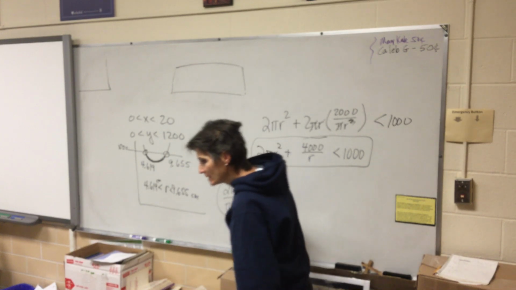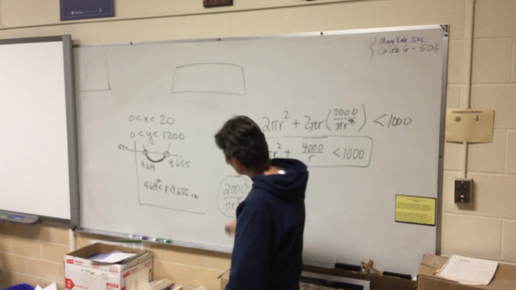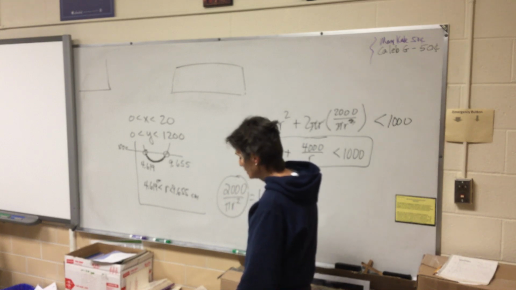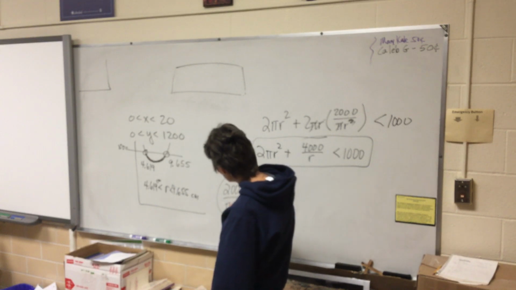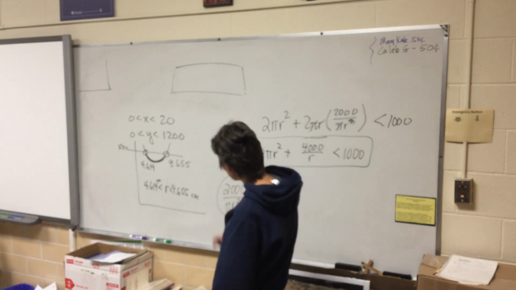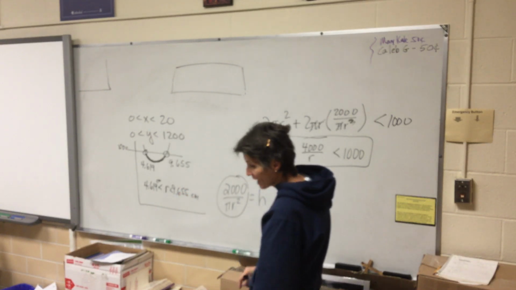Don't we know what the height is? Didn't we say the height was 2,000 divided by pi r squared? So we'll just take 4.619 and figure out the h that goes with that. And then 9.655 and figure out the h that goes with that.